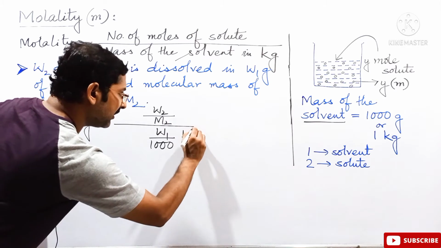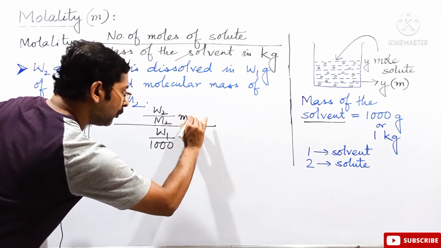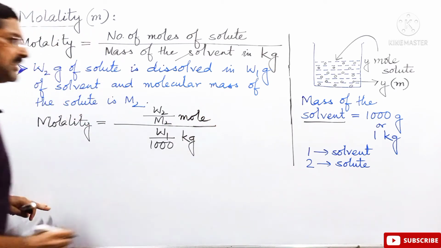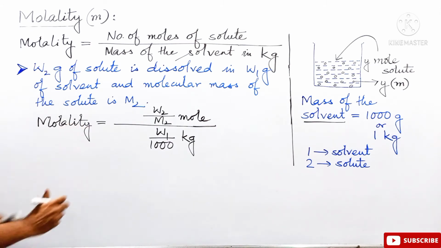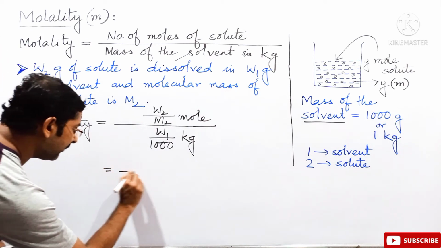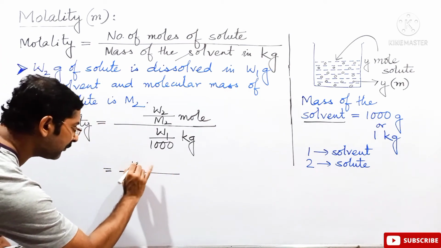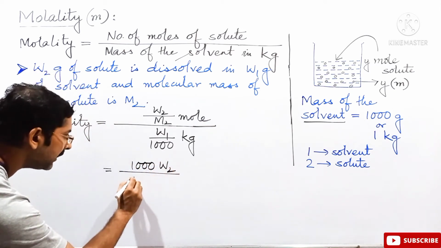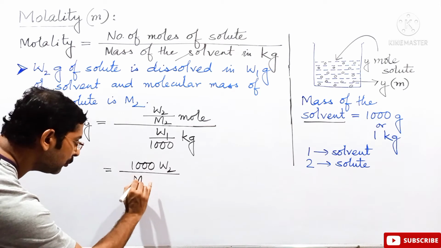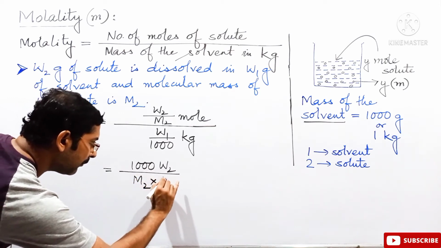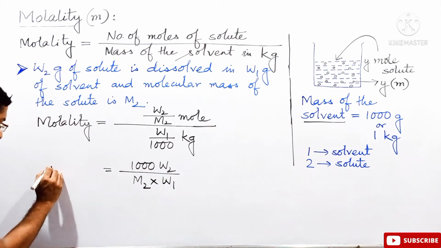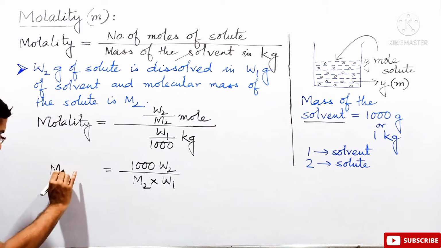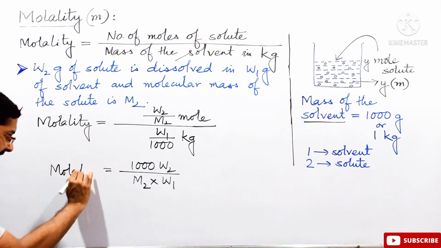So this one is kg and this one is mole. So mole per kg, this is molality. So this gives us 1000 W2 divided by M2 into W1. So this is the expression of molality.